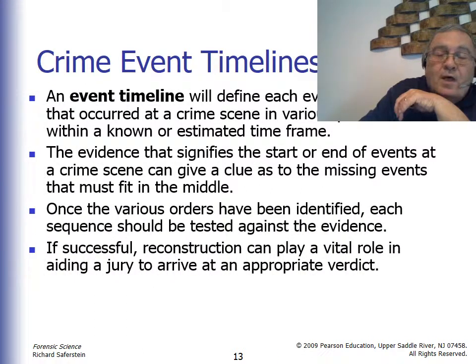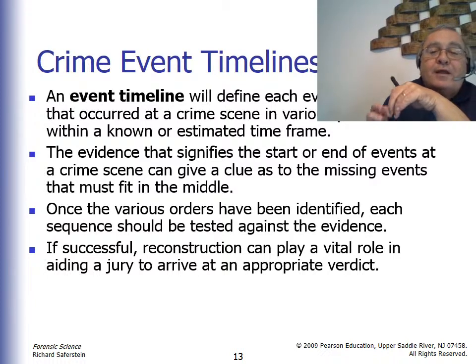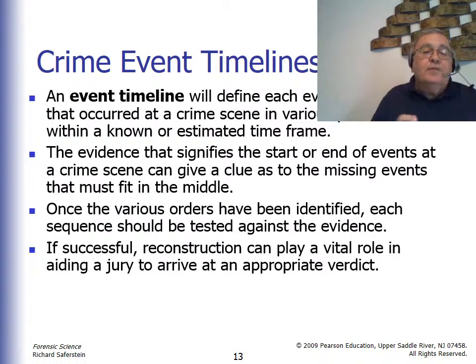Crime event timelines. An event timeline will define each event or moment that occurred at a crime scene in various probable orders within a known or estimated time frame. The evidence that signifies the start or end of events at a crime scene can give a clue as to the missing events that must fit in the middle.